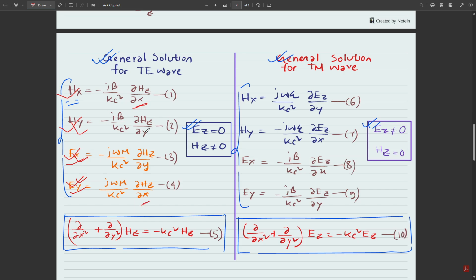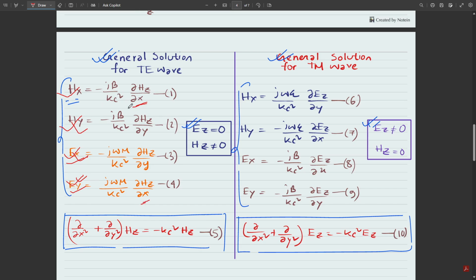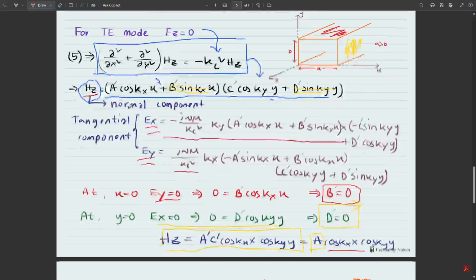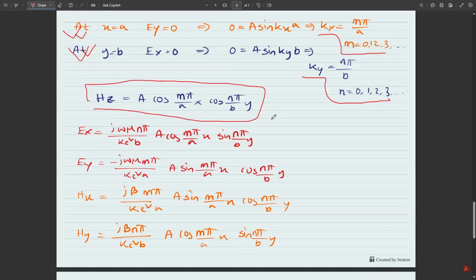But now for the rectangular waveguide we will be getting all four equations, none of them will become zero. Okay, so these are the four equations that we have derived. These derivations are easy, we don't need to worry about them.